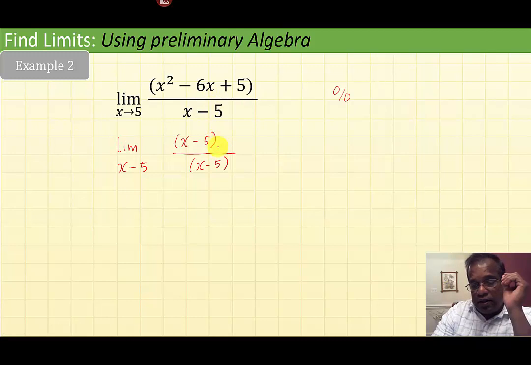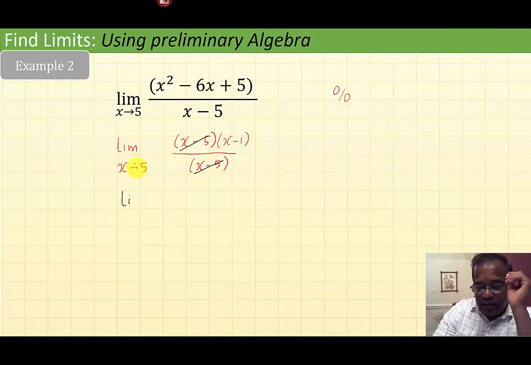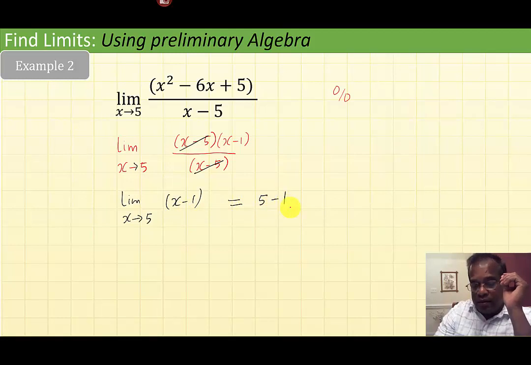So that will be x minus 5 and x minus 1. So clearly x minus 5 cancels out. We get limit as x approaches 5, x minus 1. So as x approaches 5, this will approach 5 minus 1, which is equal to 4.